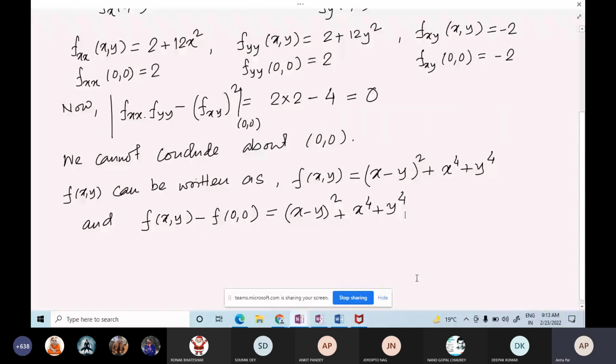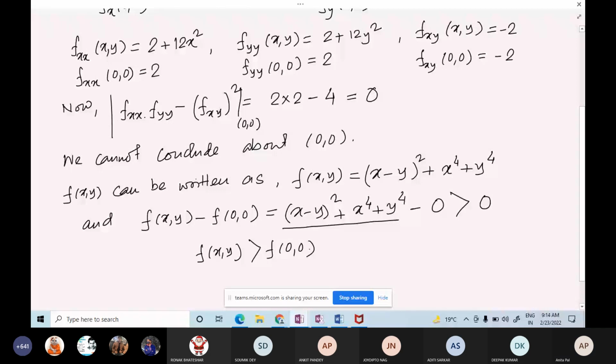Now see, f(x, y) minus f(0, 0). We are getting this, and what is f(0, 0)? If you put the value, it is 0. So I can write this, and this is always greater than 0, whatever values of x and y you put. That means f(x, y) is always greater than 0 for all values of x and y.